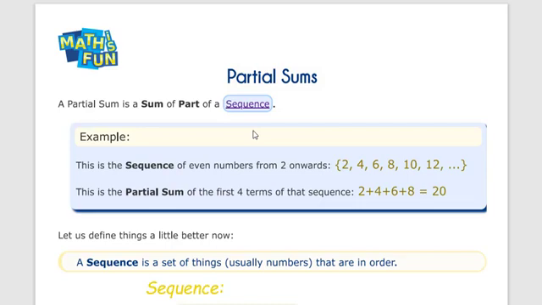Then we also discussed the summation of n terms of geometric and arithmetic sequences, and related examples.